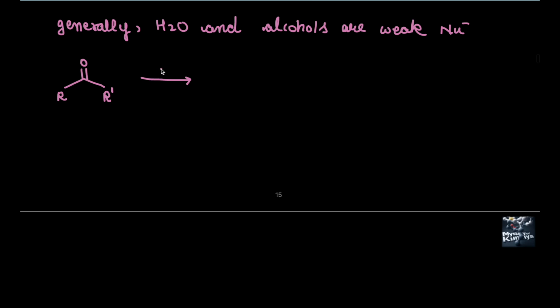We can also do it in basic medium, but right now we will just talk about the introduction of this topic. In acidic medium, if I add H plus, the lone pair of oxygen takes this proton and the oxygen gets a positive charge.